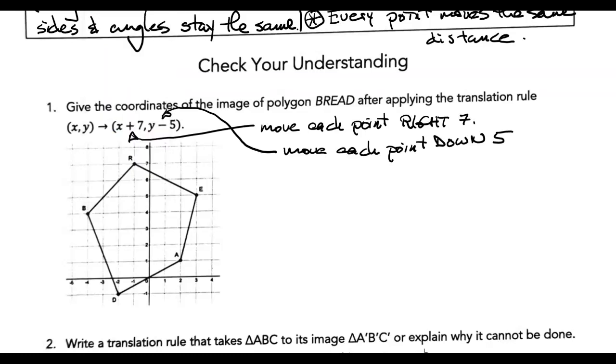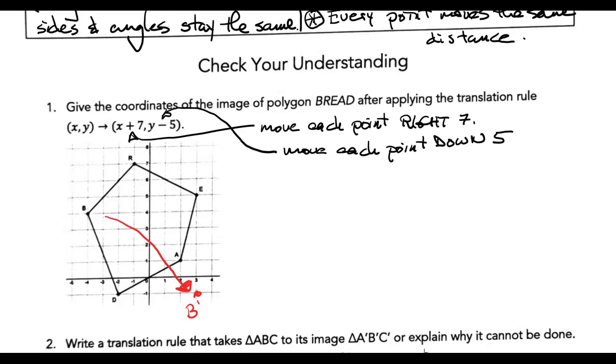Okay, so let's start with B. We're going to move to the right 7, and we're going to move down 5. So I'm going to go 1, 2, 3, 4, 5, 6, 7. 7 to the right, and then 5 down. 1, 2, 3, 4, 5. Okay? So there would be point B prime. Now, the rest of these are going to end up being off the screen, but this whole figure would just be shifted this way.